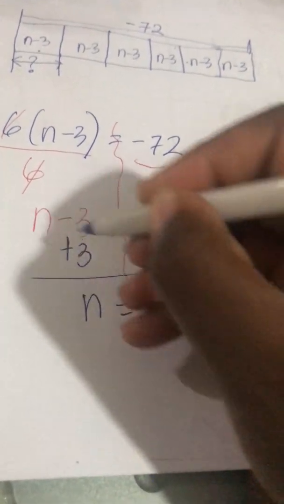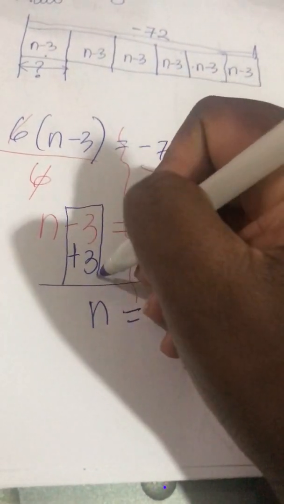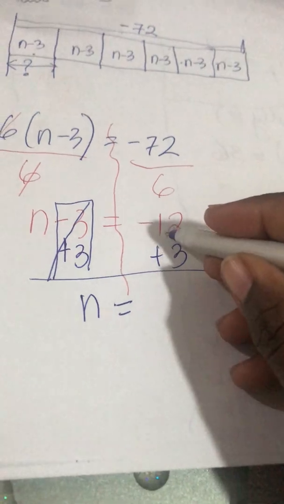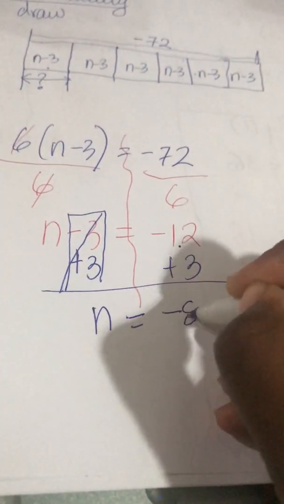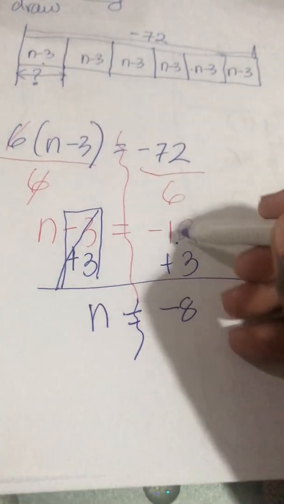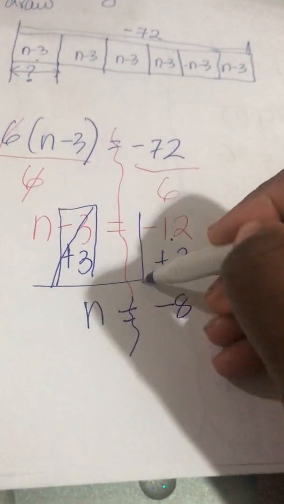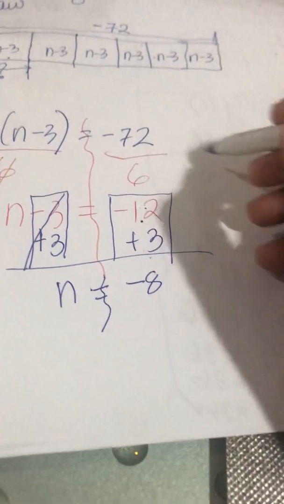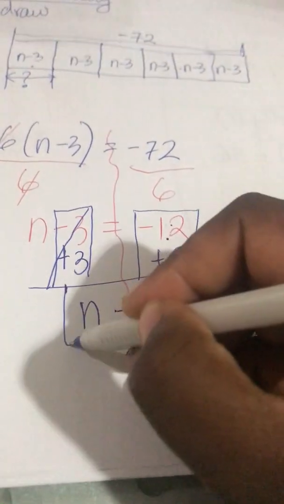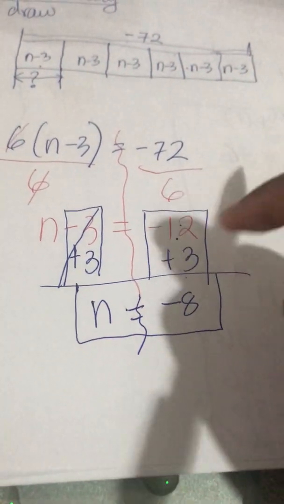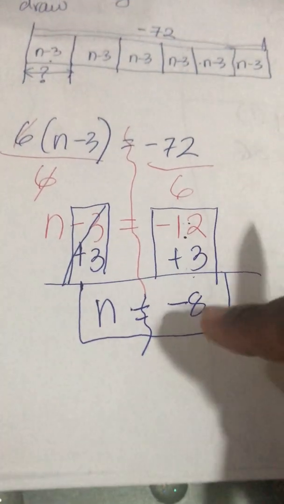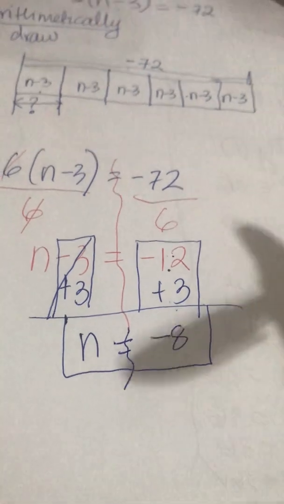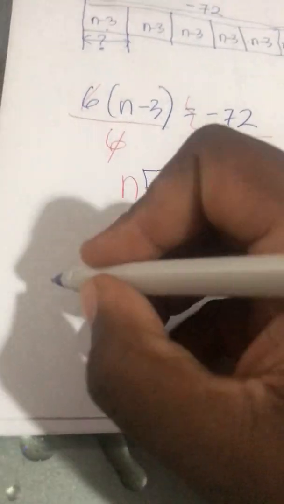So n equals negative 12 plus 3, that will be negative 8. Once you get to this step, do your drawing so that you practice your rules. Draw negative 12 and 3 positive and see why my answer is negative 8. And then you check.